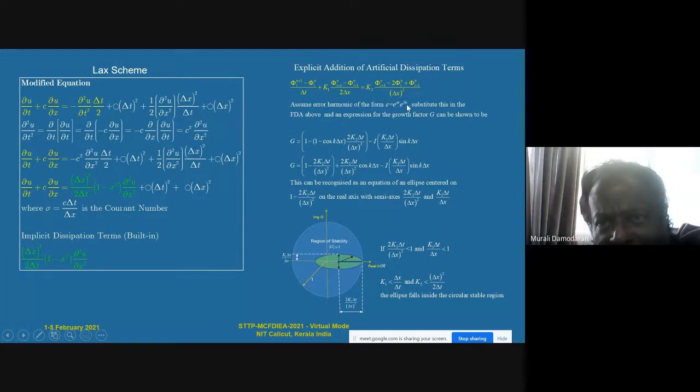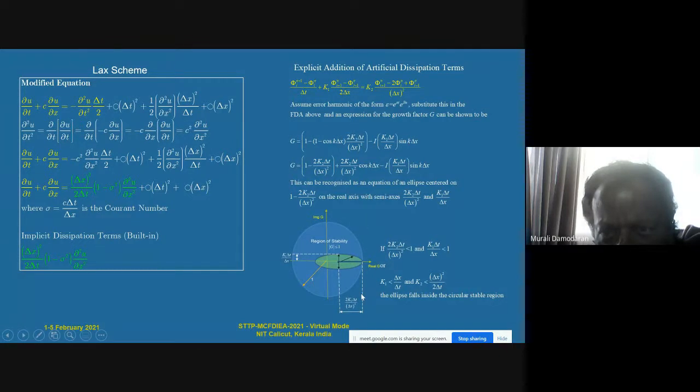If I assume an error and substitute inside this and go ahead, I can find the error growth. Here there's an ellipse inside the boundary of stability. This axis depends on K2, and K1 is this constant here. If I reduce K2 to 0, that's gone.